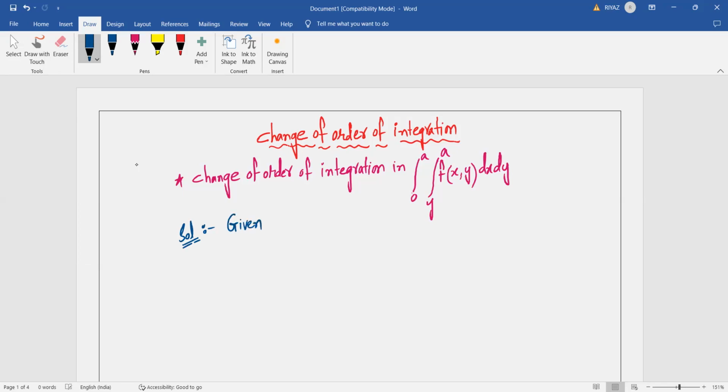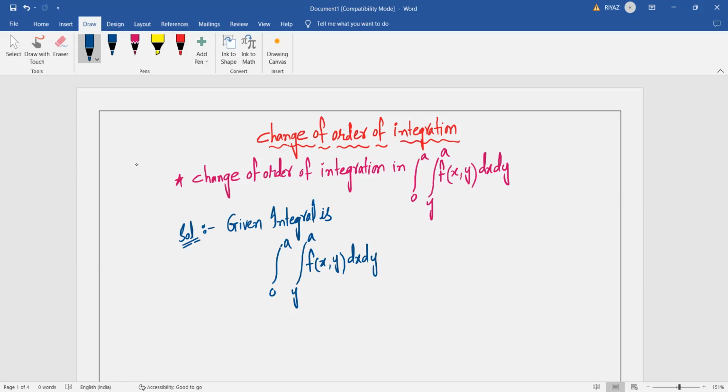Number 1, the given integral is integral 0 to A, y to A, f of x comma y, dx dy.